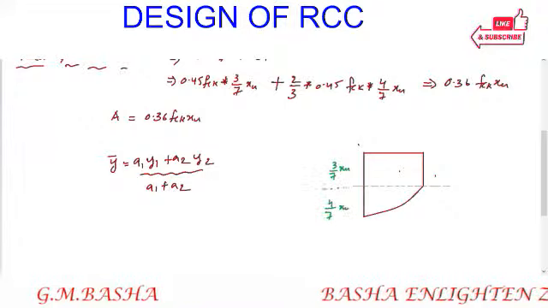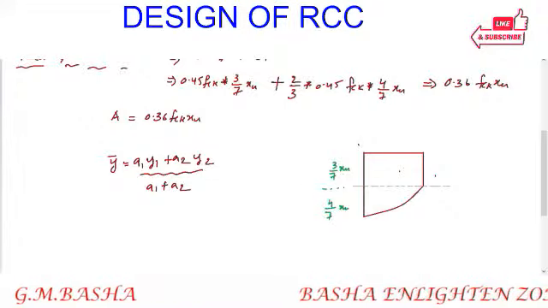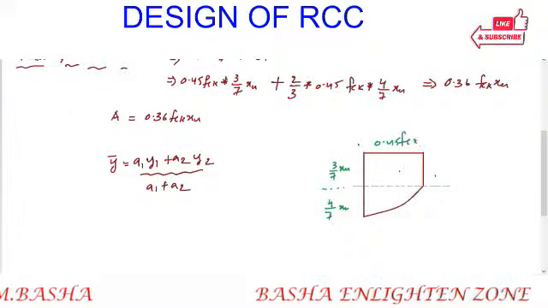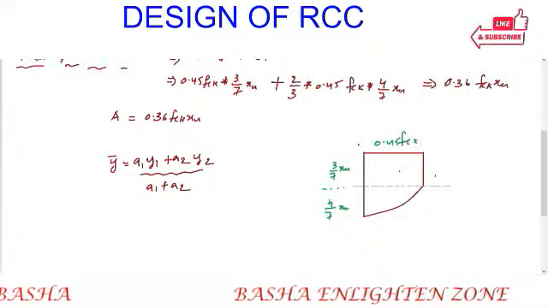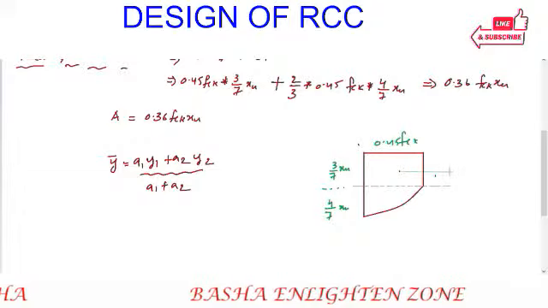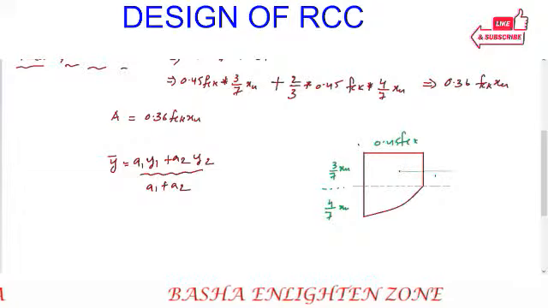This is x2 and this is x1, and we already know the similar values, 4 by 0.45 fck, all the things, but here we are going to find the centroid distance.